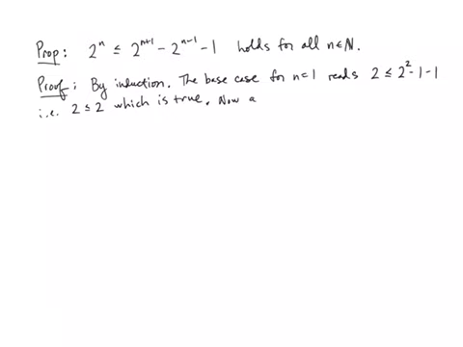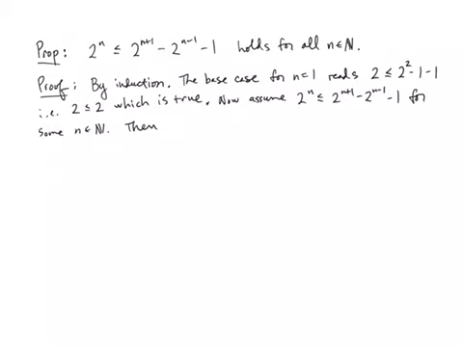Now assume 2 to the n is less than or equal to 2 to the n plus 1 minus 2 to the n minus 1 minus 1 for some n. Then, that's our p sub n. We have to look at p sub n plus 1.